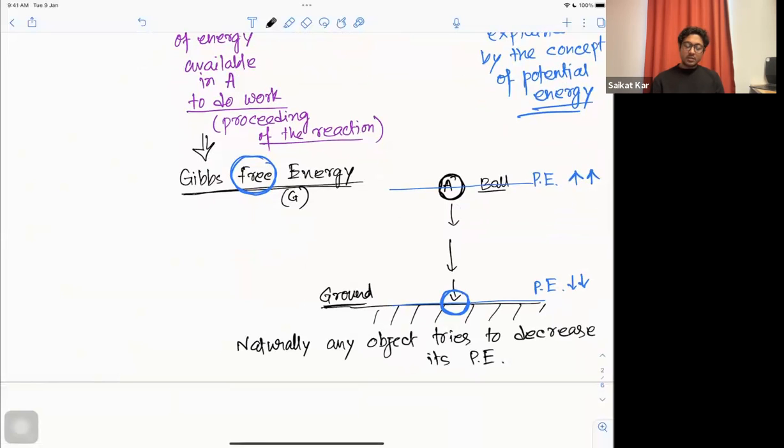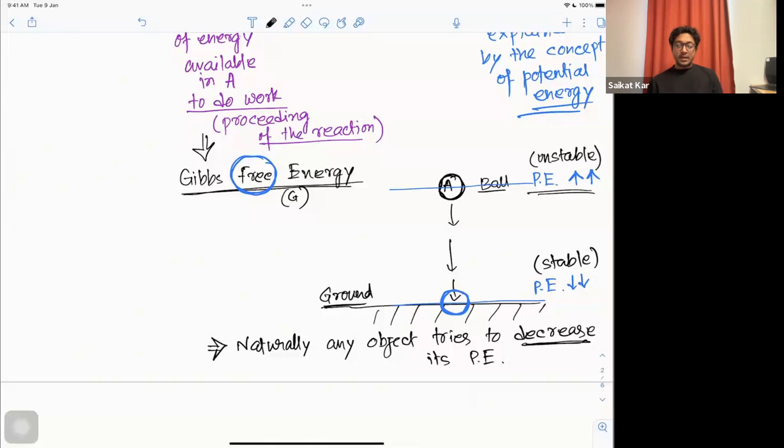The lower the potential energy is, the more stable the object is. That means when there is high potential energy, it is unstable, and when there is very low potential energy, then it is stable. So to increase stability, any object tries to decrease its potential energy.